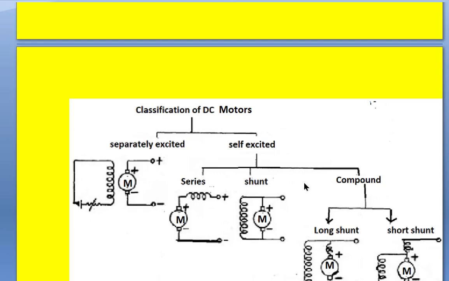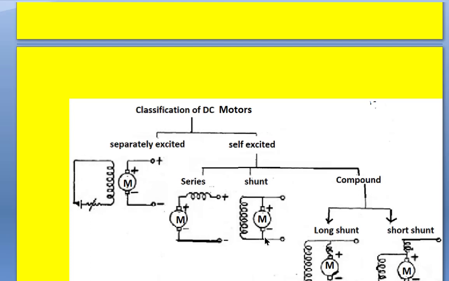Coming to the self-excited motors, here the field winding and the motor armature are connected together in a certain fashion. Suppose the field winding is connected in series with the armature of the motor, then that motor is called a series motor or series field excited motor.